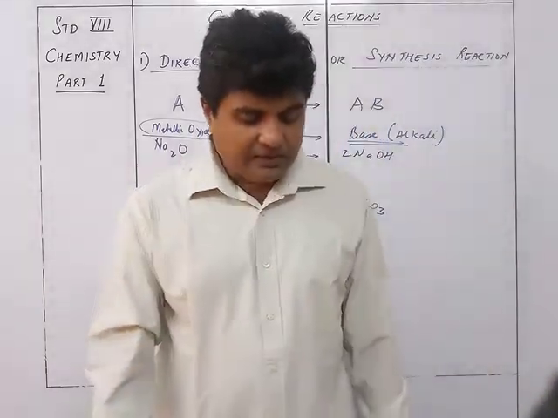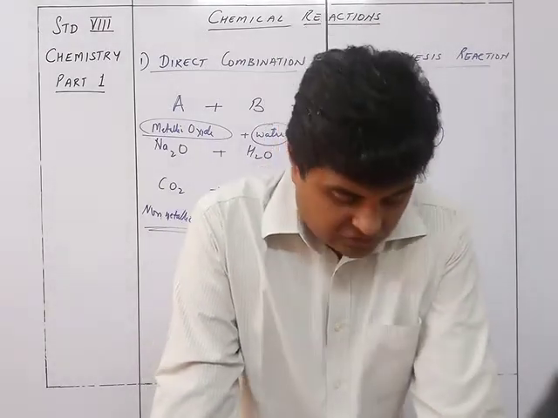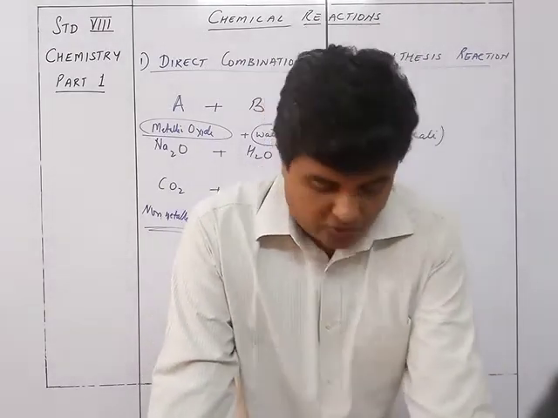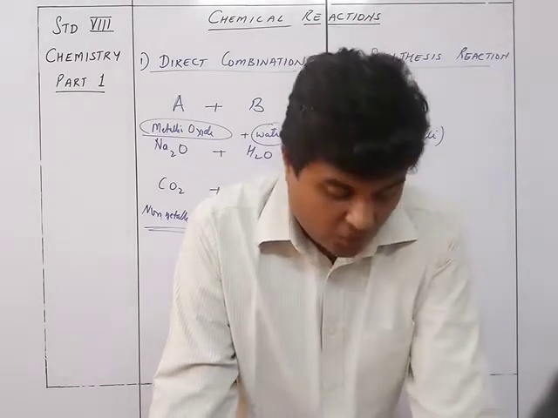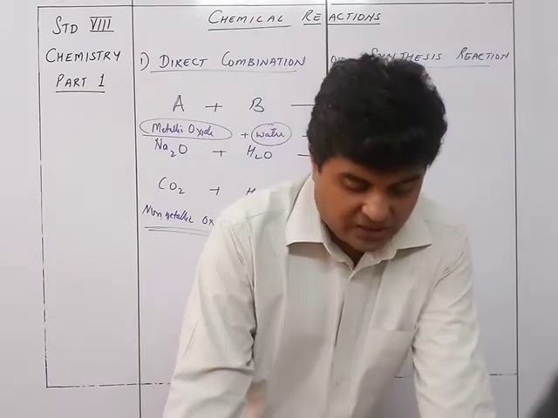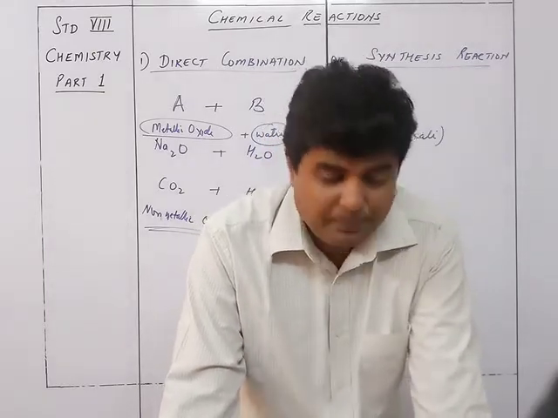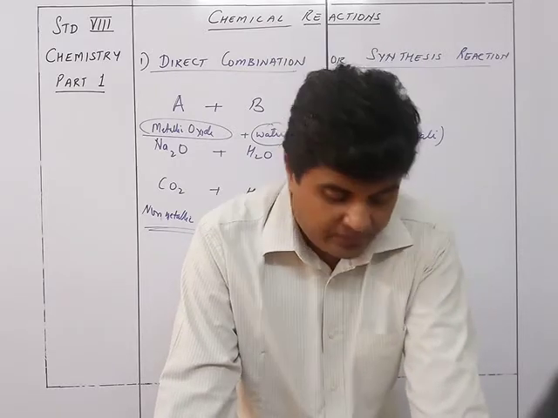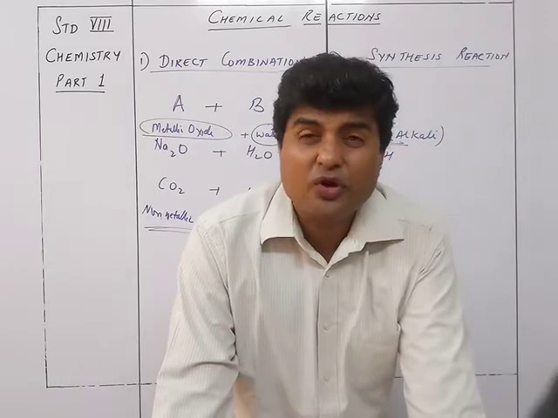So we see that Na2O plus H2O gives you 2NaOH, CaO plus H2O gives me Ca(OH)2. For non-metallic oxides with water, CO2 plus H2O gives me H2CO3, SO2 plus H2O gives me H2SO3, and P2O5 plus 3H2O gives me 2H3PO4, which is nothing but phosphoric acid.